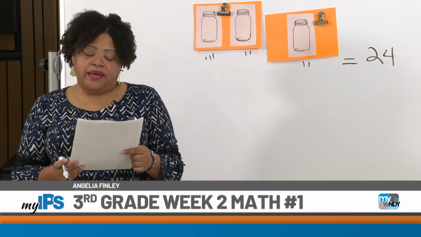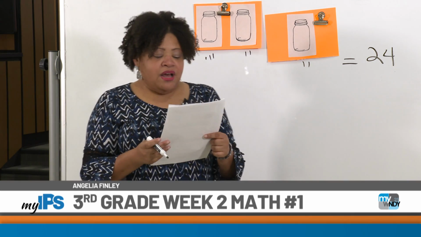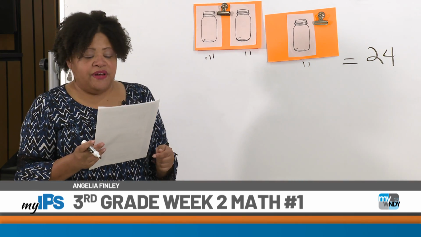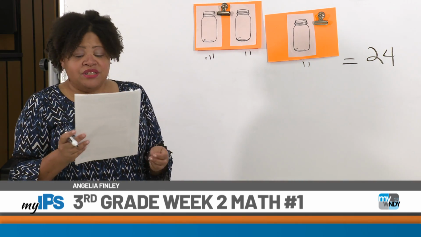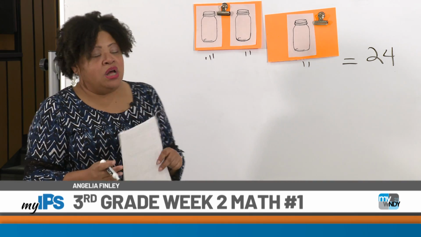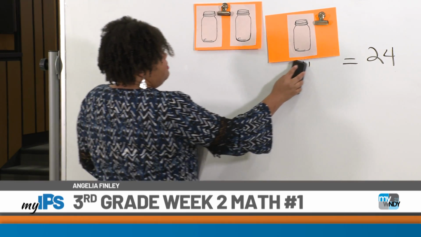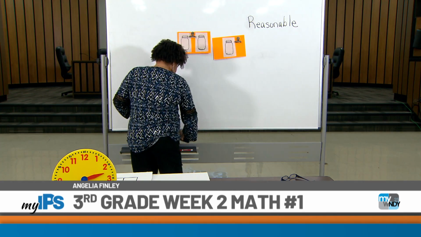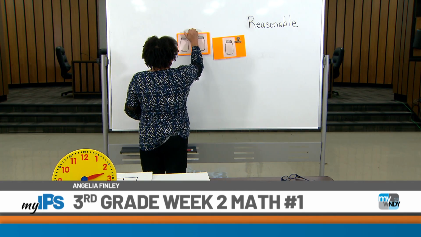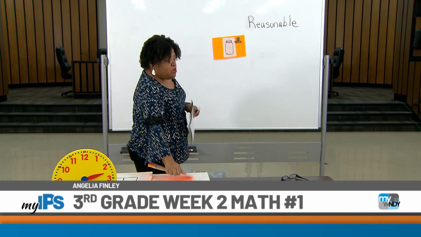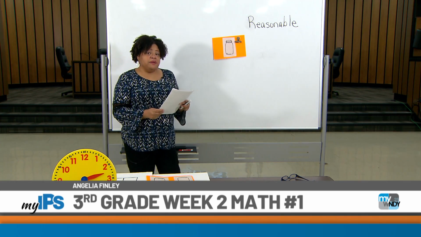Let's go to letter B. Letter B says, Miss B also bought 24 ounces of honey. She put 3 ounces of honey into several small jars. I'm going to change this problem a little bit because now we're going to talk about Miss B. Miss B has several small jars. So again, we don't know how many jars Miss B used.